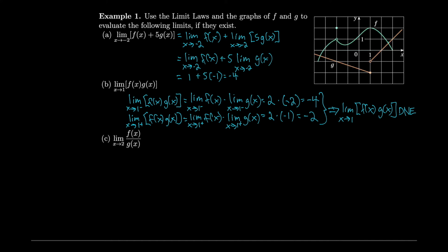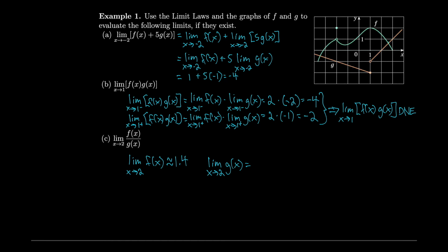For our last example here, let's look at our quotient. For the numerator, as x approaches 2, f of x approaches 1.4. It looks like roughly 1.4. However, let's look at the limit as x approaches 2 of g of x.